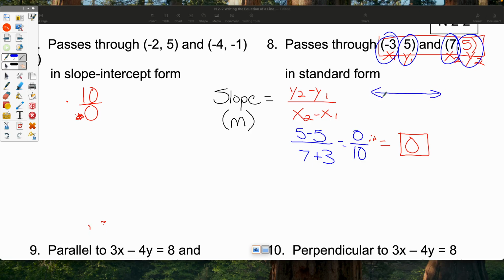Okay? It's like number 5 in the sense that we have those undefined and zeros. They're the same thing, they're just going to be flipped, they're going to be opposite. So if my vertical line, the one we did on number 5, is undefined, and we said x equals, what are we going to do for a horizontal line with a slope of 0? If they're opposites.